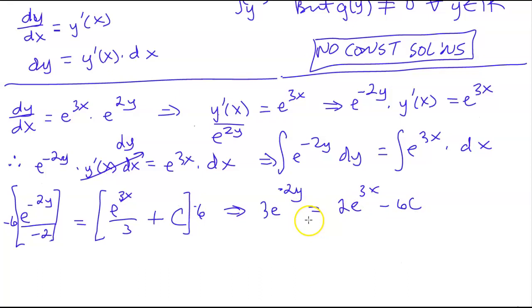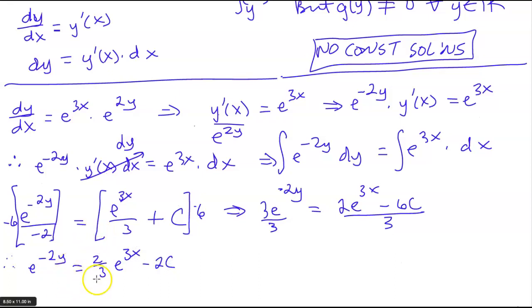Okay. And so from here, again, I'm just trying to get y by itself. So the next thing I'll do is divide both sides by 3. And this will be e raised to the negative 2y. And on the right-hand side, this will be 2/3 e raised to 3x minus 2c. And then from this point, I can just take the natural log of both sides.